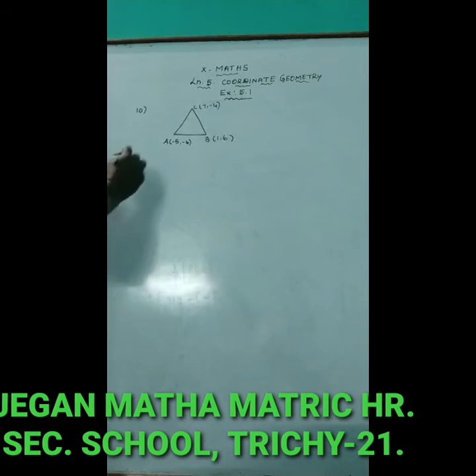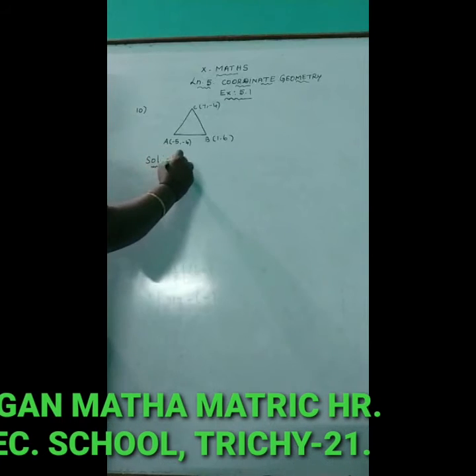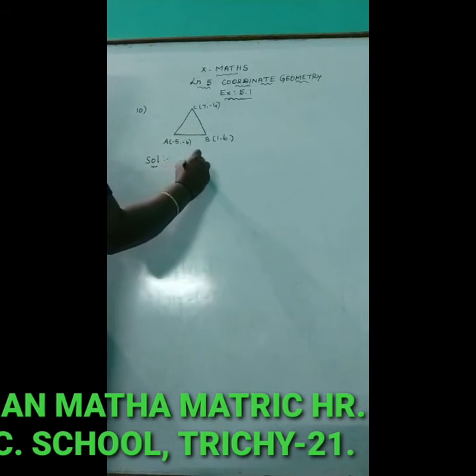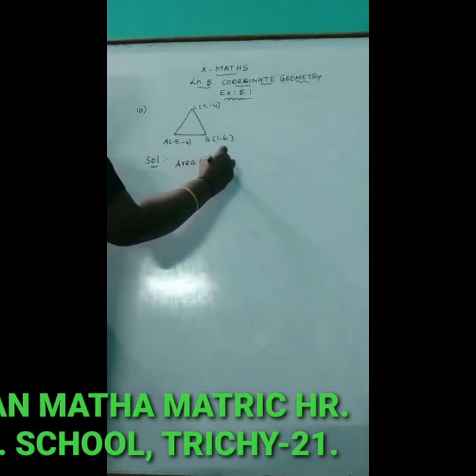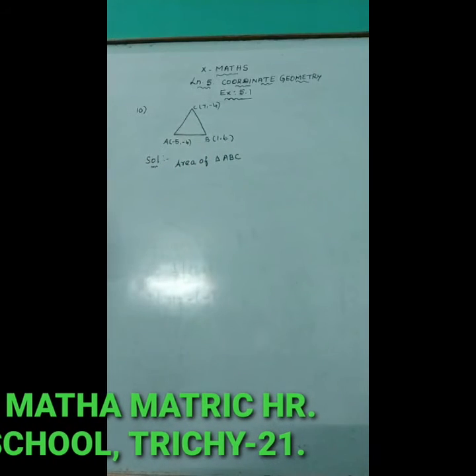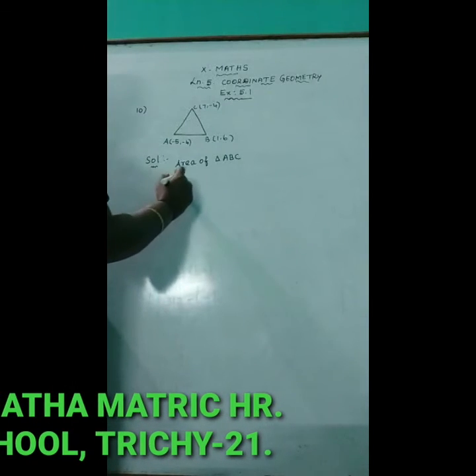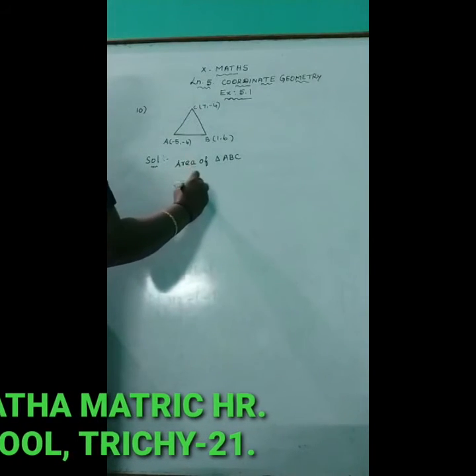So we write the solution. First we find the area of triangle ABC. So already we know the area of the triangle formula.